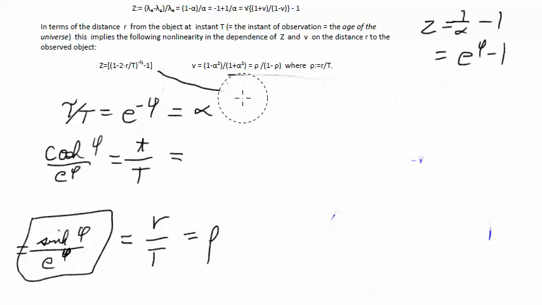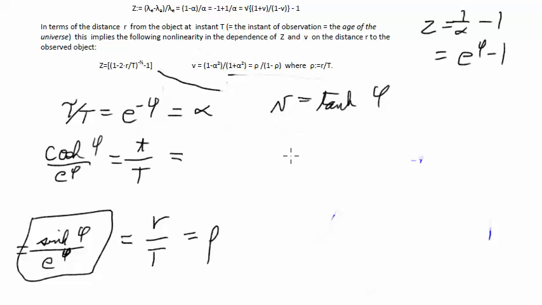Let's go ahead and look at the velocity equation. This has velocity equals 1 minus tanh squared. Wait, what am I saying? First of all, the velocity should just be hyperbolic tanh of phi.